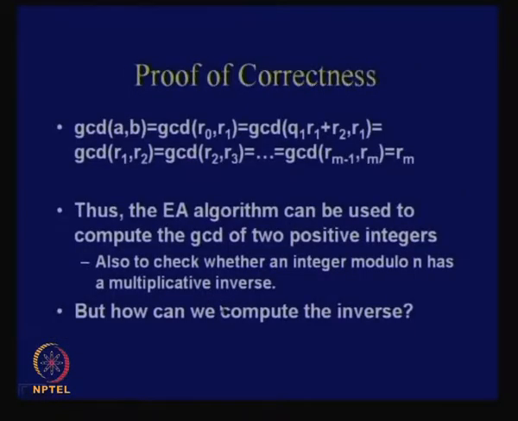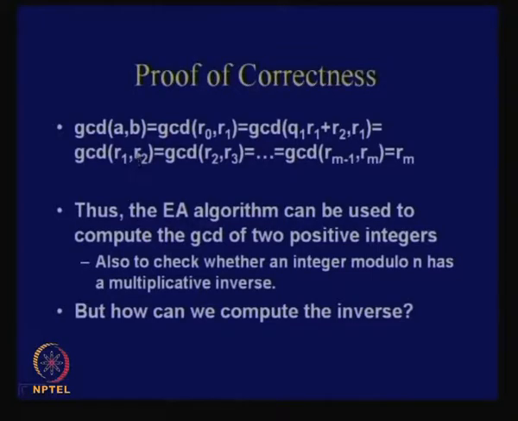The correctness of this algorithm can be seen by this particular equation set. What I am interested in computing is GCD of A comma B. A is R0 and B is R1. R0 is equal to Q1 R1 plus R2, and R1 is R1. So if I take the GCD of these two numbers, because R1 is here and R1 is also here, this reduces to GCD of R1 comma R2.